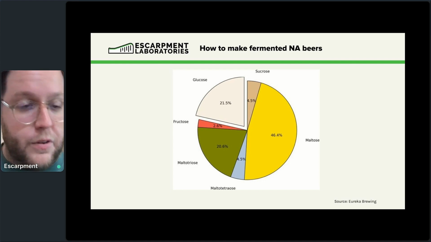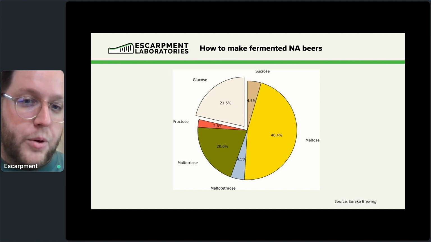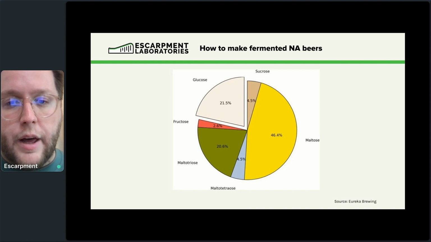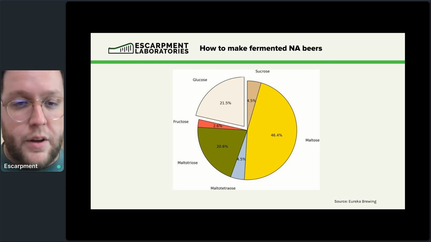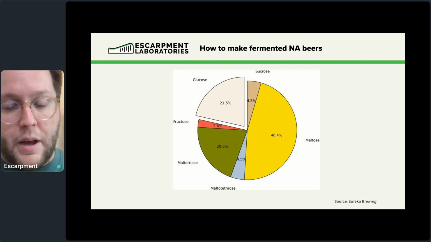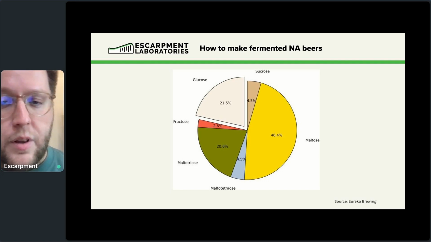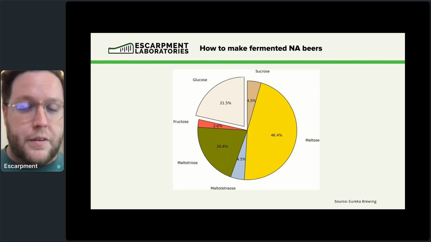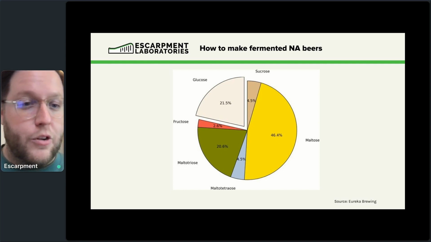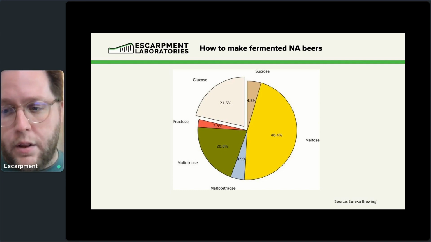The dextrins and starches are typically unfermentable by our brewing strains unless they are diastatic strains. For most brewing strains, we're going to fully consume the maltose and those simple sugars, the glucose, the fructose, and the sucrose, and typically have a variable consumption of the maltotriose and the maltotetrose, which gives us that variation in attenuation ranges between all of our ale and lager strains.